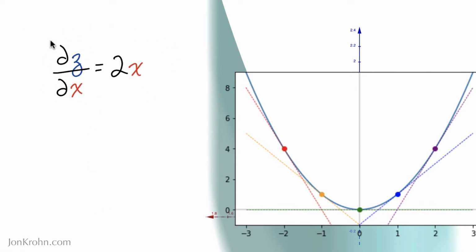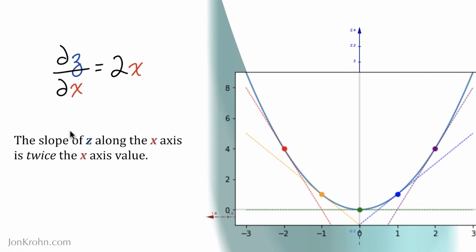What this means is that the slope of z along the x-axis is twice whatever the x-axis value is at that point. So where x is equal to 0, the slope of z with respect to x is 0. It's just a flat tangent line that we see here in green. Whereas as we move to an x value of -1 or +1, then we have a slope of -2 or +2.